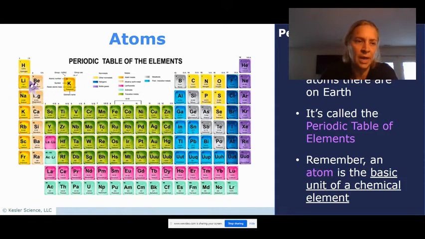So lithium is the model that we saw on that previous slide. If we wanted another atom to change to a different element, we would simply change the number of protons. So in order to go from platinum, which is 78 protons, to gold, we would add a proton.